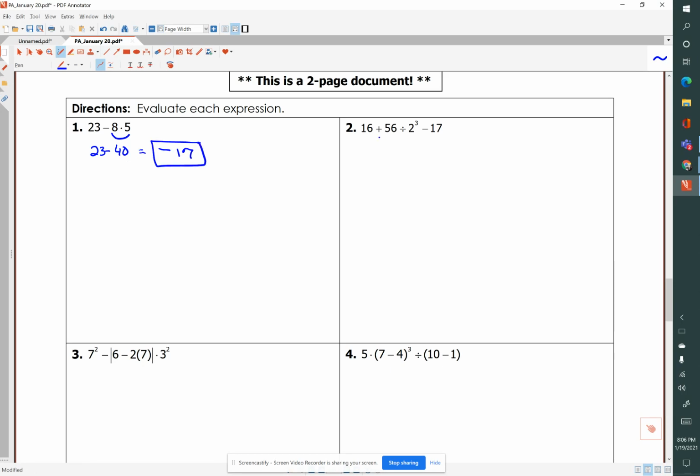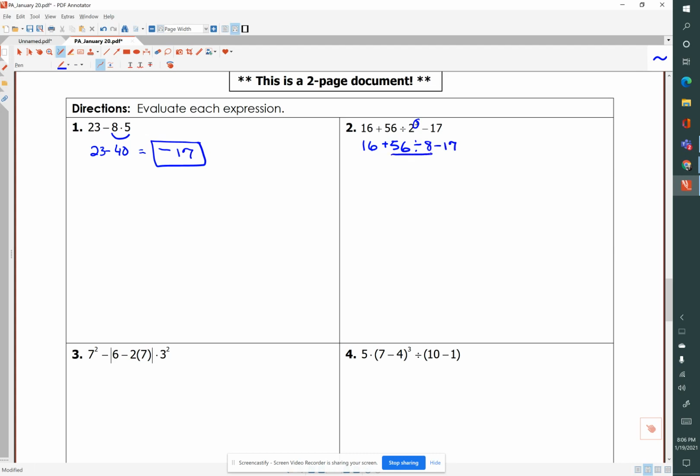Number 2, I have addition, division, an exponent, and another subtraction of negative 17. I will start with the exponent of 3. So 16 plus 56 divided by 2 to the third, which is 2 times 2 times 2, which is 8, minus 17.